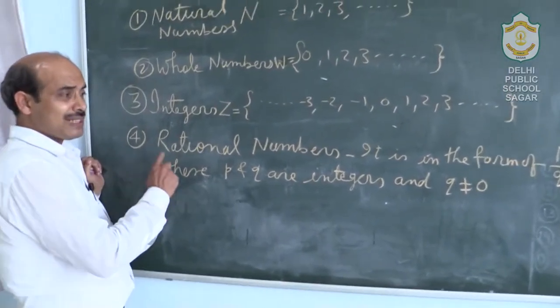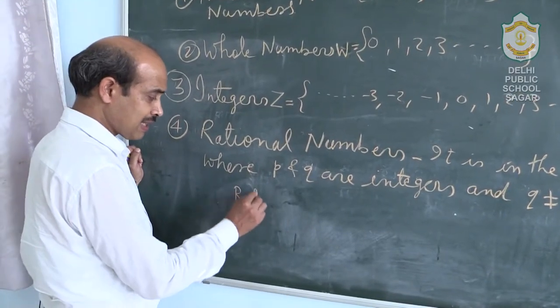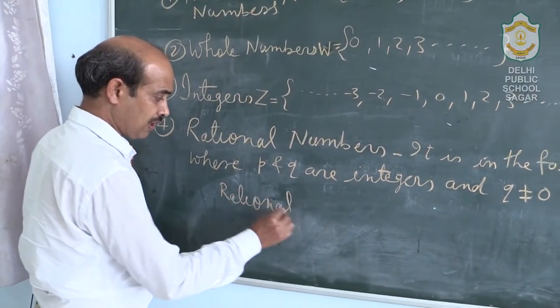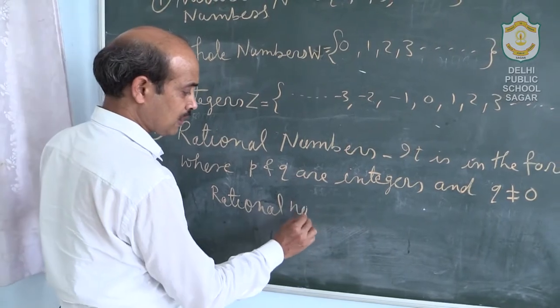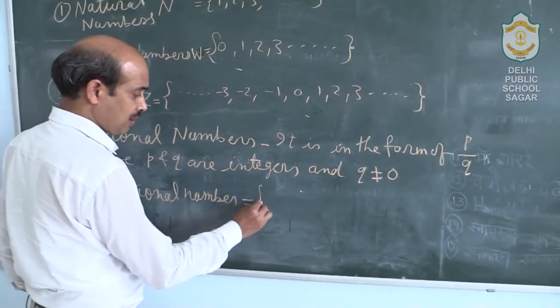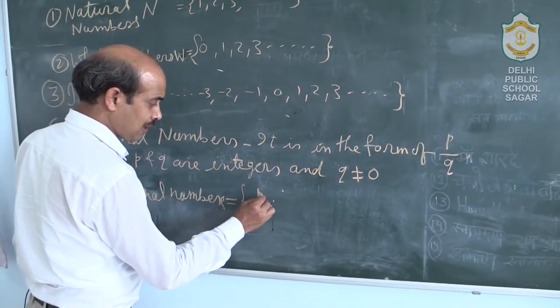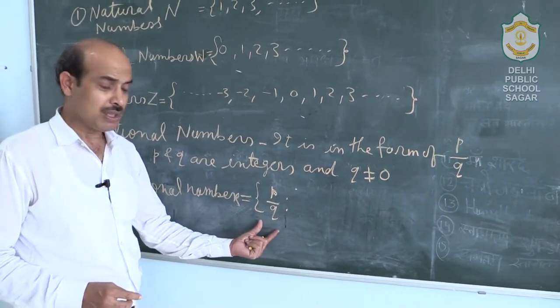Now we can write the same definition in another way, that is, rational numbers is the set of numbers P upon Q. Normally we write in this way.